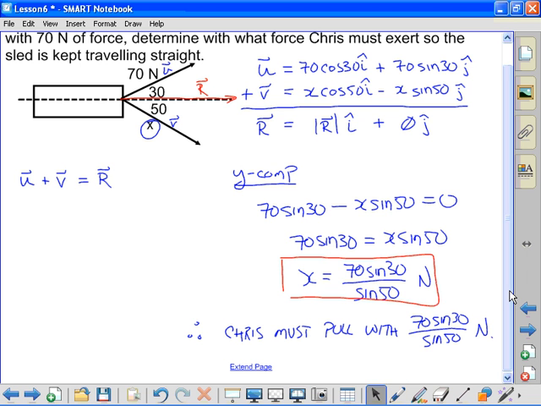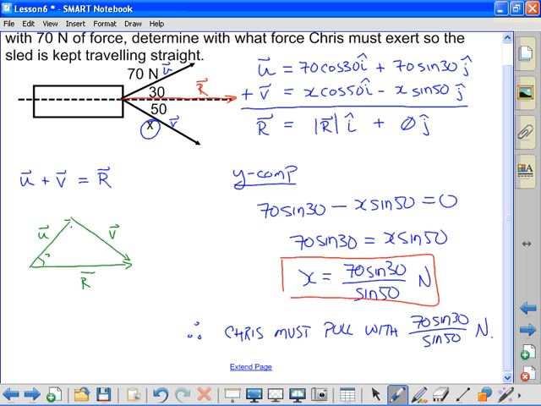Now to do it geometrically would have been a little trickier, because you would have been looking for the u vector, rearranging it, plus the v vector. I'm just going to draw my resultant in, because it's horizontal. There's my v vector.